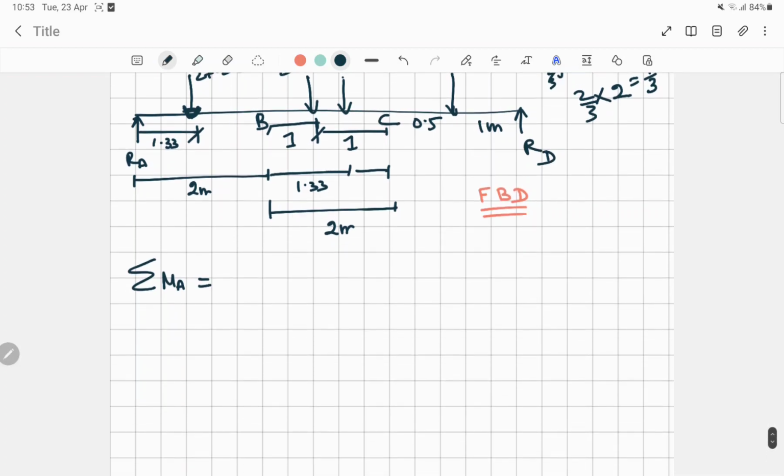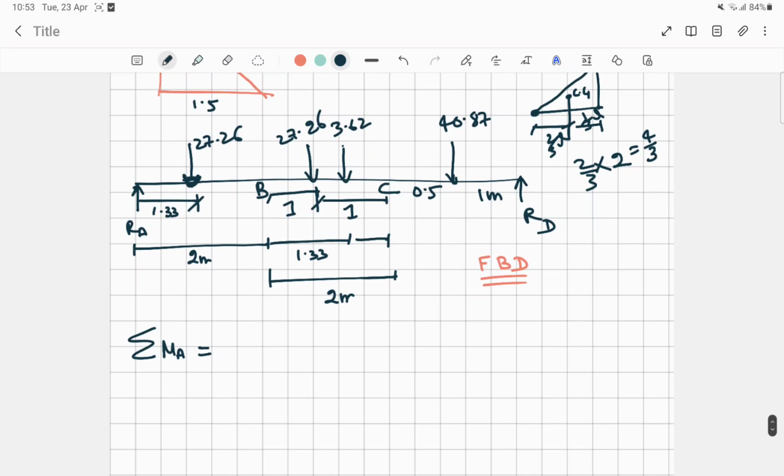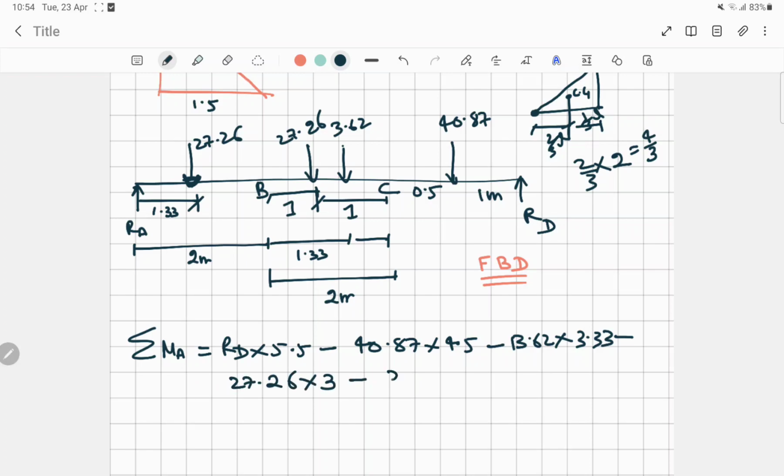So the moment at A is RD into the whole distance, 5.5, minus 40.87 into 4.5, minus 13.62 into 3.33, minus 27.26 into 3, minus 27.26 into 1.33. Okay, so here I'll explain you again.